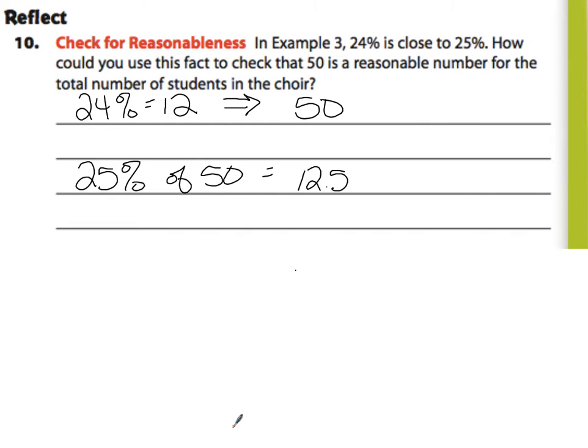If 25% of 50 is 12 and a half, does 50 being the whole seem reasonable for 24% being equal to 12? It's kind of a backwards way of thinking about it. So 25% of 50 is equal to 12 and a half. 50 makes sense as our answer when 24% is equal to 12.